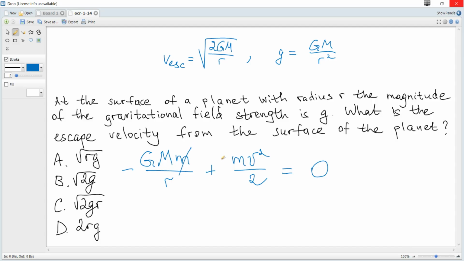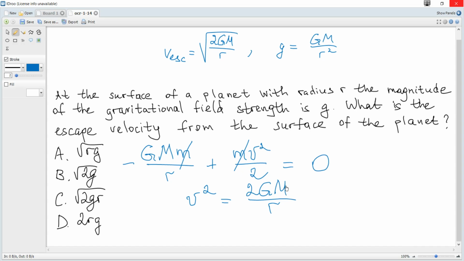You can see that m cancels, and it becomes v squared is 2 times G times M over r.